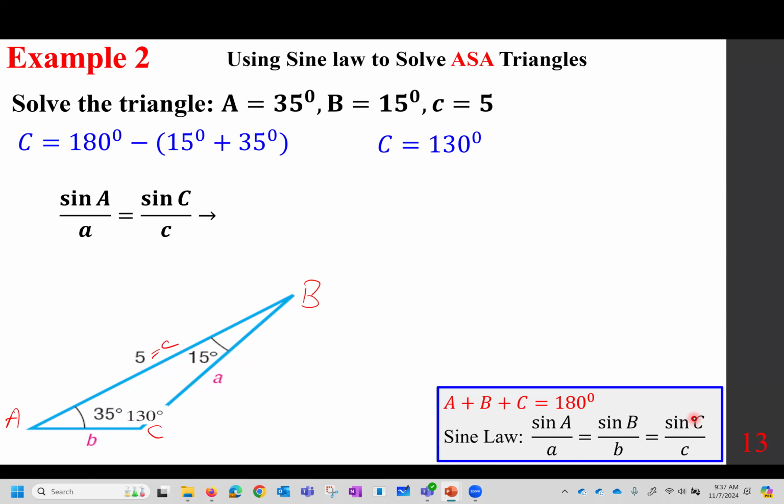And so sine of A, 35 degrees, over lowercase a, sine of C, sine of 130 degrees, divided by 5. So that's what we get, everybody.